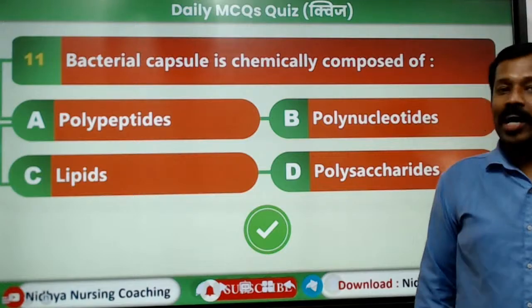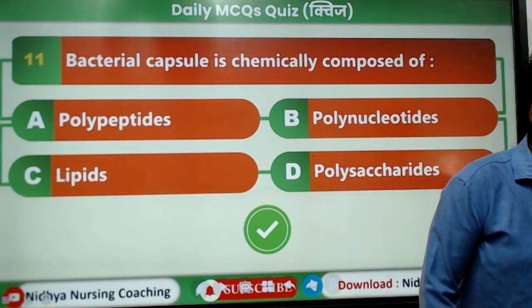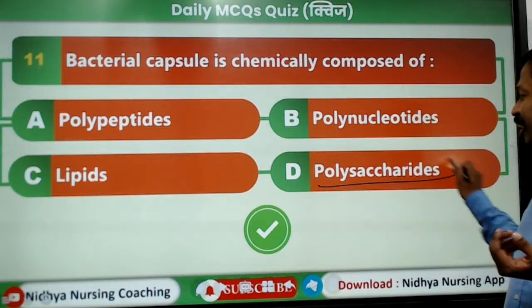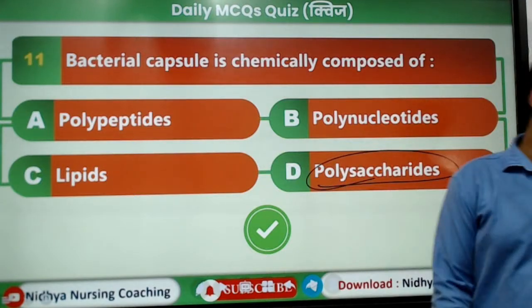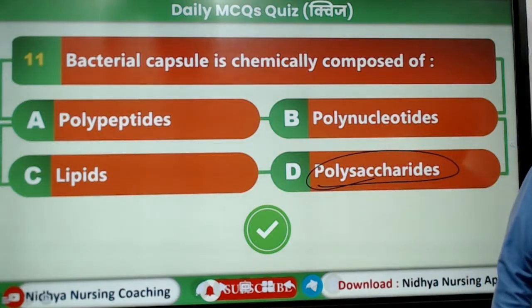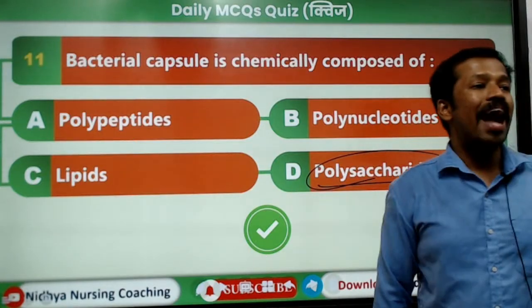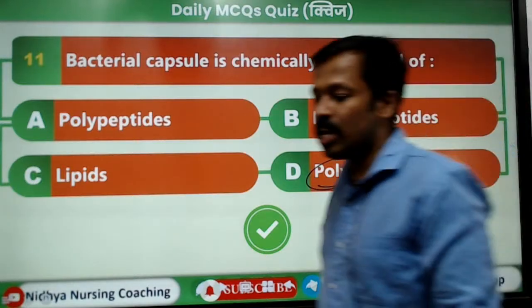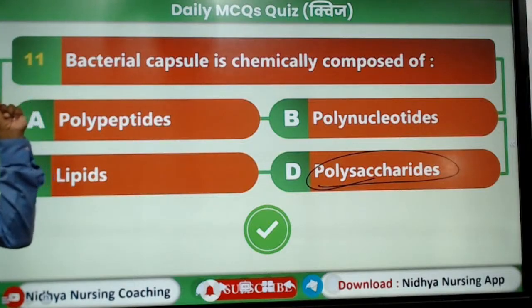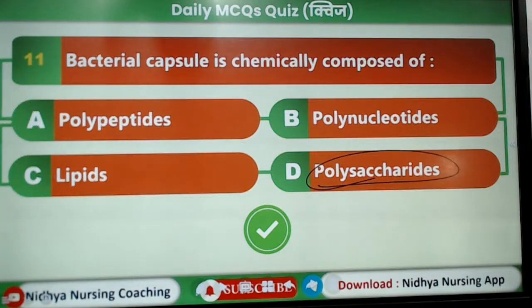Are you sure? Polysaccharides are there in the bacterial capsule. So bacterial capsules are made up of polysaccharides. That was also a direct question. Got it?